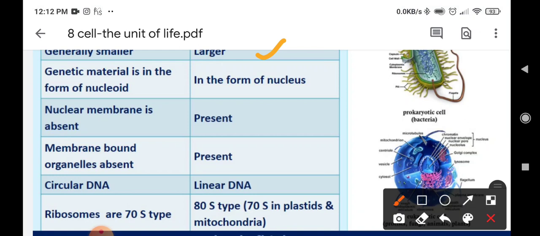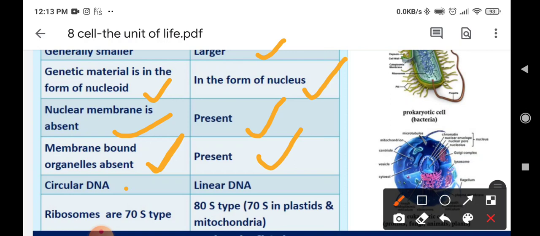Genetic material is known as the nucleoid in prokaryotic cells, but as the nucleus in eukaryotic cells. In prokaryotic cells, the nuclear membrane is absent, but in eukaryotic cells it is present. In prokaryotic cells, the cell organelles are not membrane bound, but in eukaryotic cells membrane-bound organelles are present.